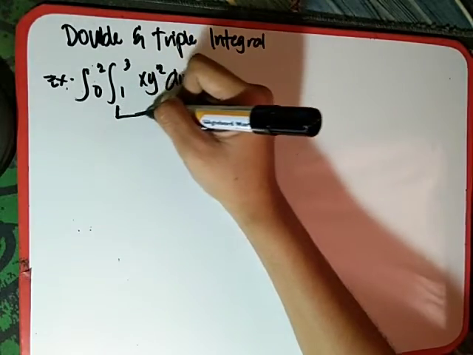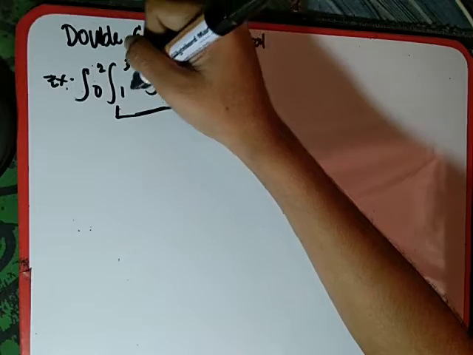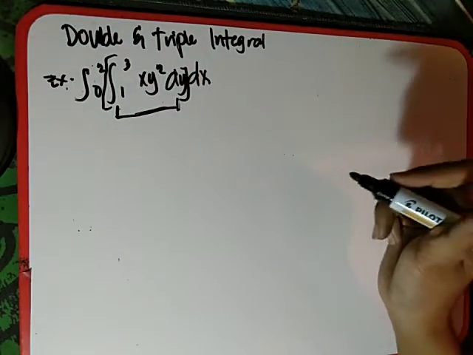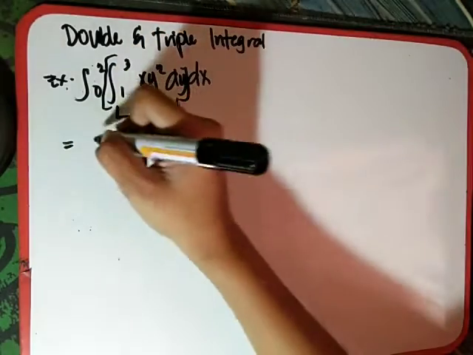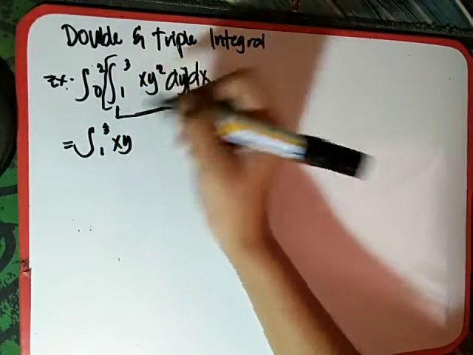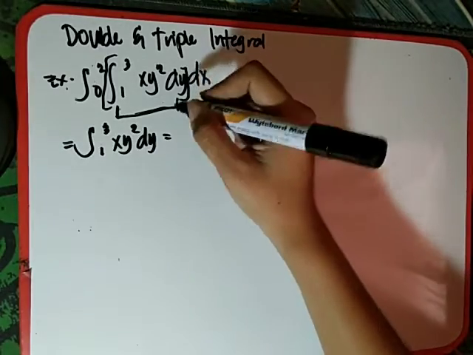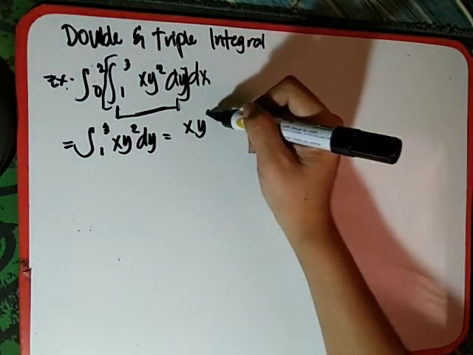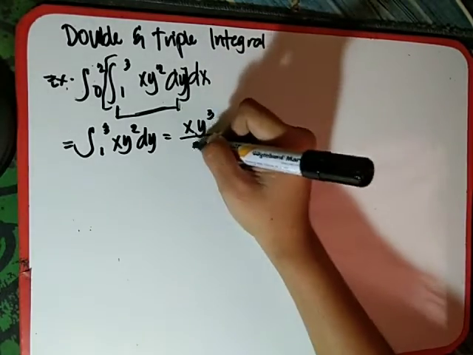So first we will solve this. So we have the integral of 1 to 3 of xy squared dy is equal to xy cubed, we will add plus 1, so we have 3 over 3.